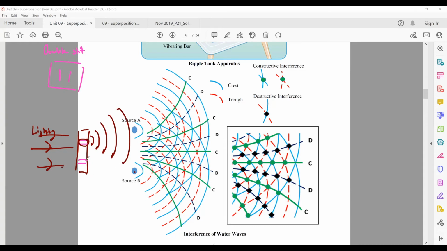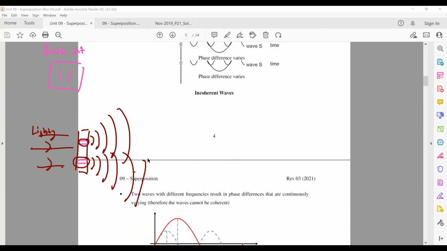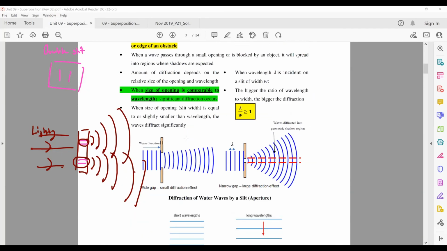Then when light also hits this second slit, this acts as another second source of light. The light will diffract and it will spread out. Okay, remember in diffraction in the last lesson we mentioned that when a wave hits an opening or a slit, it will tend to spread out.